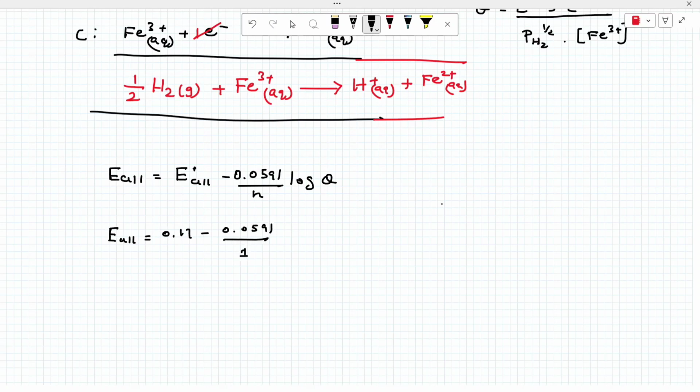Now, what is the log Q value? What is Q value here? H plus concentration, followed by Fe2 plus concentration, then the pressure of H2 gas, into Fe3 plus. Okay, we know the values, right?